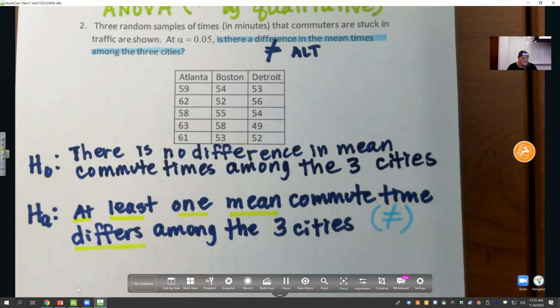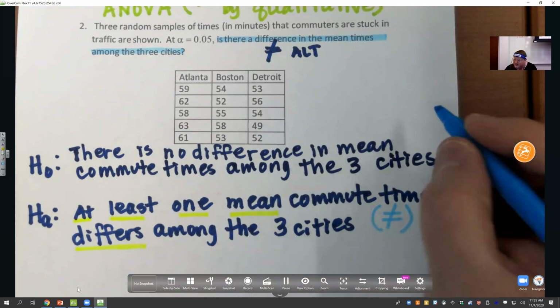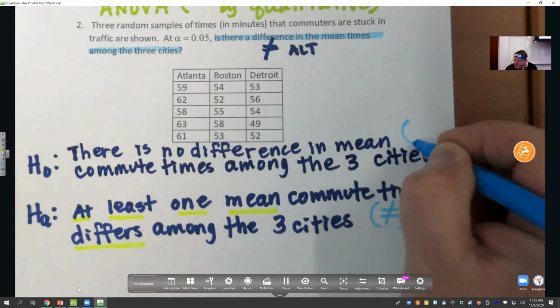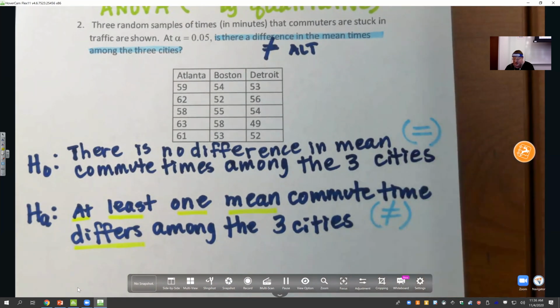Again, there's other ways you could say it, but the thing is, the null hypothesis should always imply equal. So with ANOVA, just like with chi-square goodness of fit, your null hypothesis, however it is stated, should always imply equal. And your alternative hypothesis, regardless of how it is stated, should imply not equal.